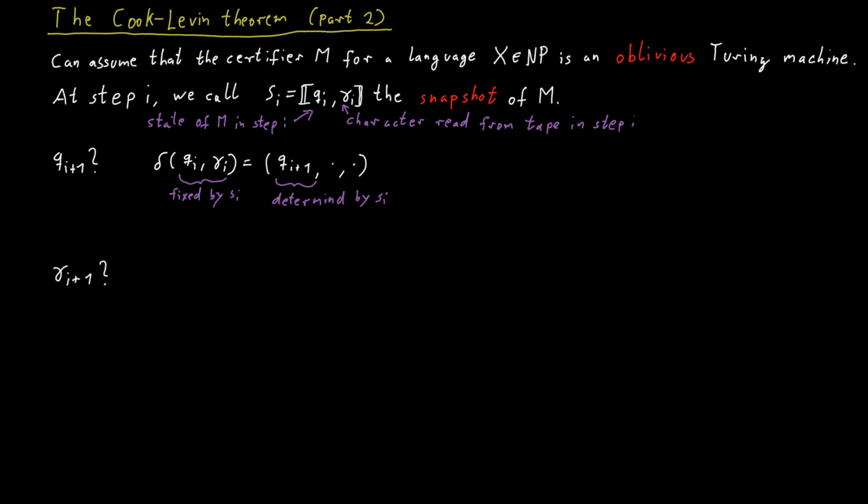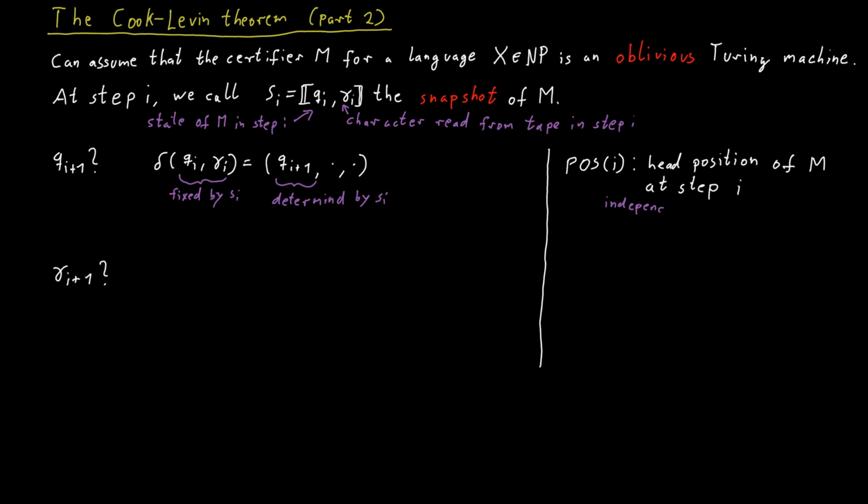So it's useful to have some notation to be able to deal with both of those situations. The first notation we will have is pos of i, which should denote the head position of the Turing machine at step i. Remember that we are dealing with an oblivious Turing machine.